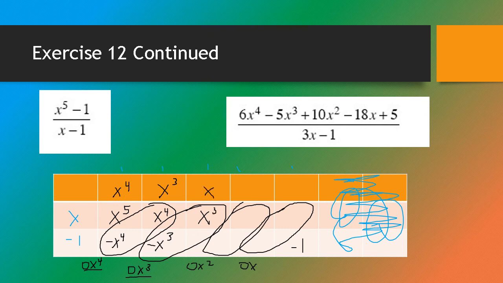That means that this is x squared, this is negative x squared, this is positive x squared, so they make 0. So this is x. x times negative 1 is negative x. To get 0x, I need a positive x here times 1, and then 1 times negative 1 is negative 1. Check. So this right here is the answer. This quartic is the answer to this division.